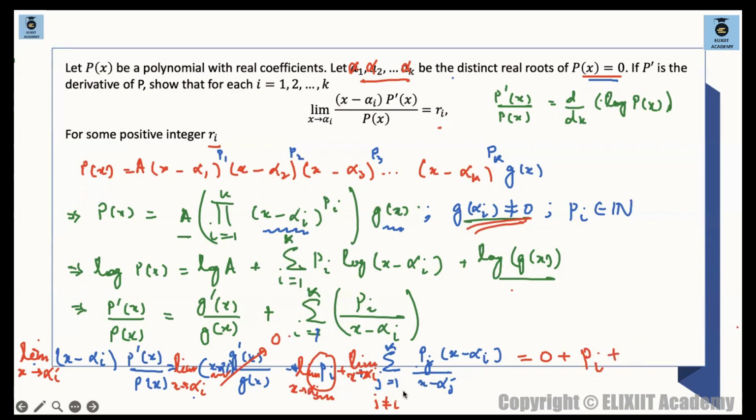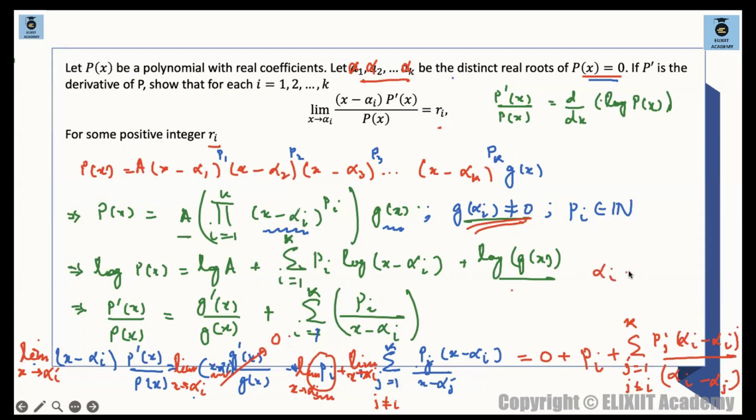Next will become summation j is equal to 1 to k, j is not equal to i, Pj divided by (x minus alpha j) into (x minus alpha i). Directly plug in the limits. For Pj into (x minus alpha i) divided by (alpha i minus alpha j), alpha i minus alpha j is non-zero.